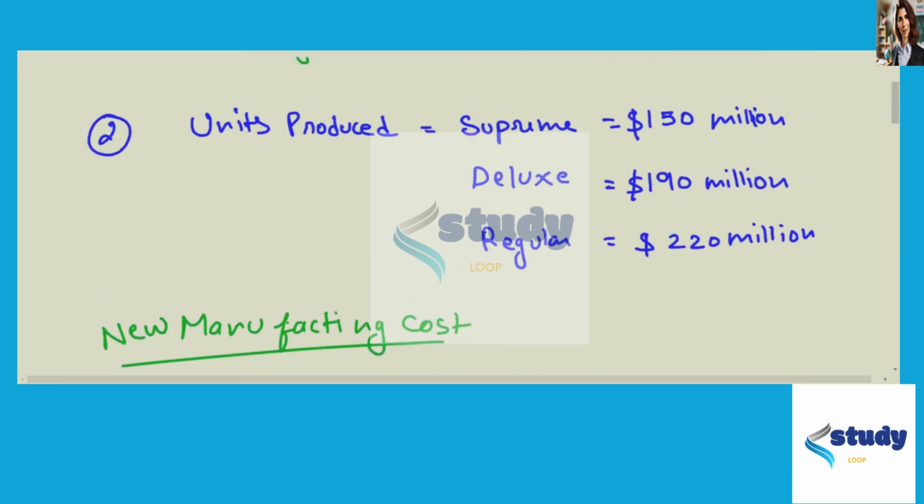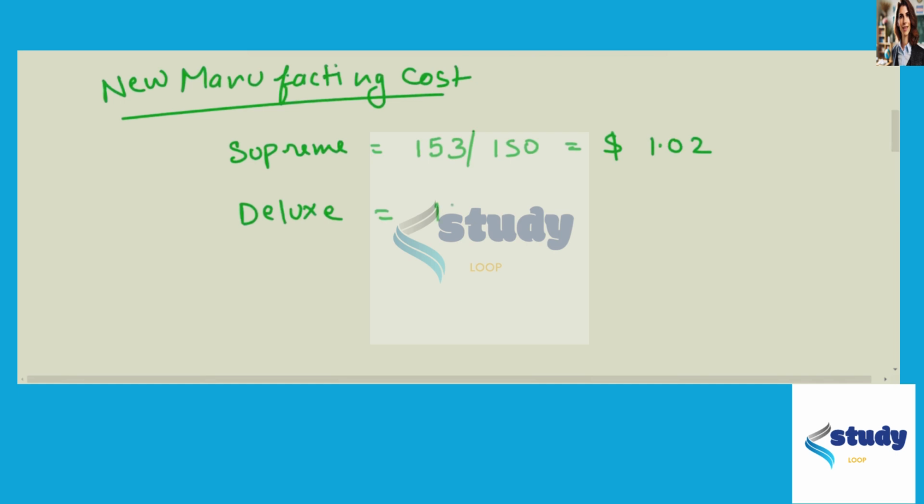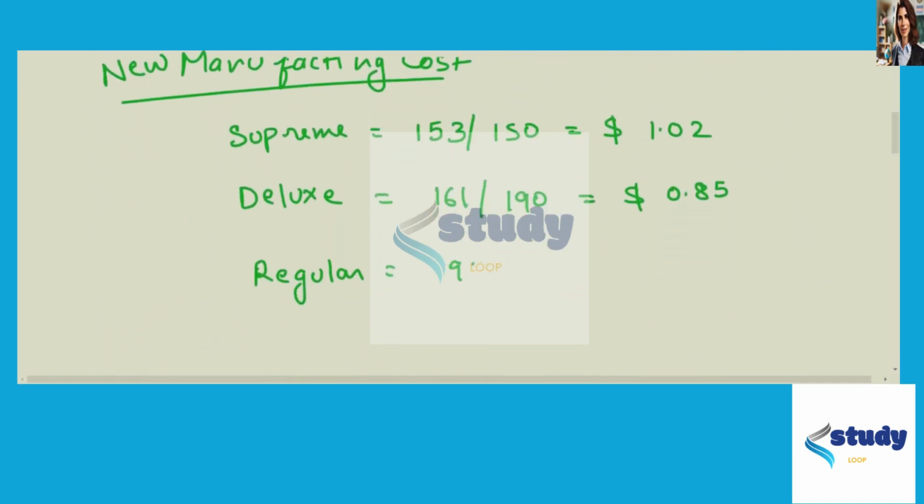In Deluxe, total manufacturing cost is $161 divided by new given units, that is $190, which on solving gives $0.85. And the last is Regular. So for this, total manufacturing cost is 92 divided by 220 units, which on solving gives $0.42.